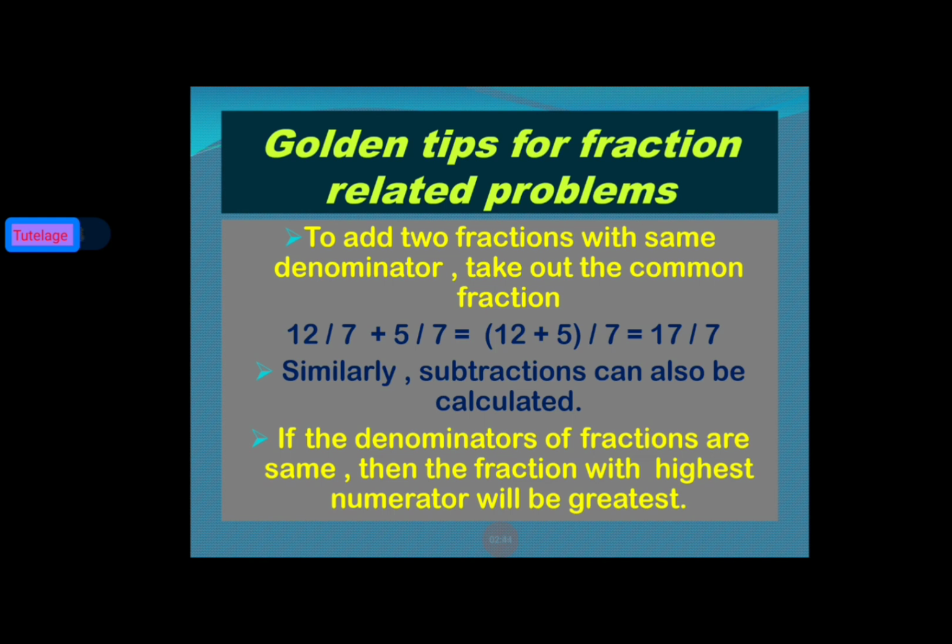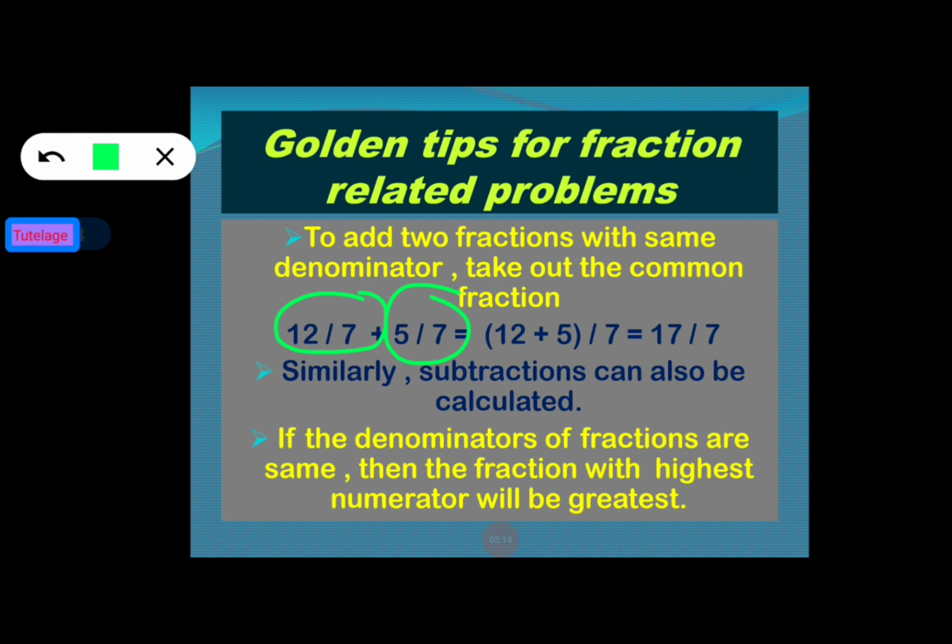So if the denominators of the fractions are the same, then the fraction with the highest numerator will be the greatest. That means 12 by 7 and 5 by 7. Here we can see the denominators of the two fractions are the same, that is 7.